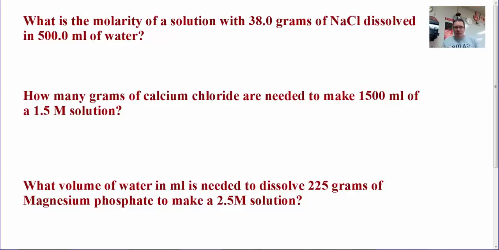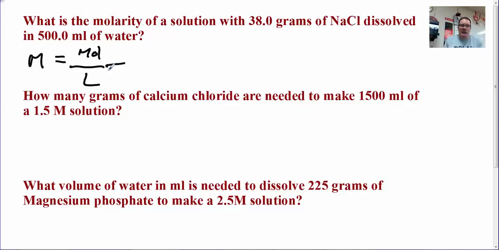I've got a few here listed, and I want to walk through them. What is the molarity of a solution with 38 grams of sodium chloride dissolved in 500 milliliters of water? Well, if we know that molarity is moles per liter, then I have 2 things I need to do.